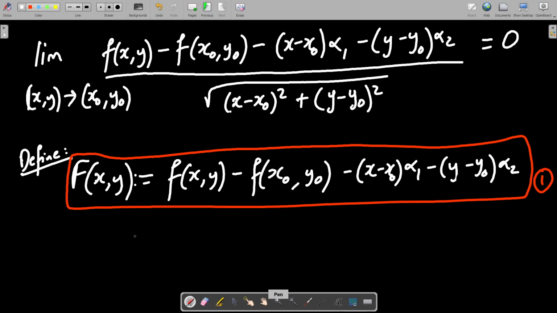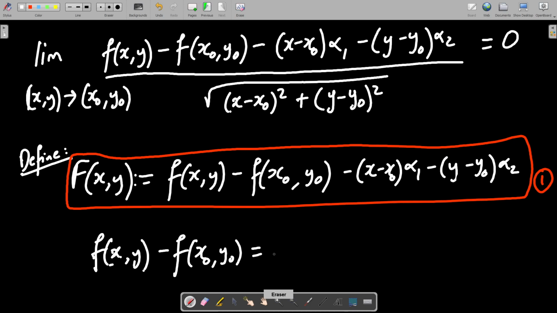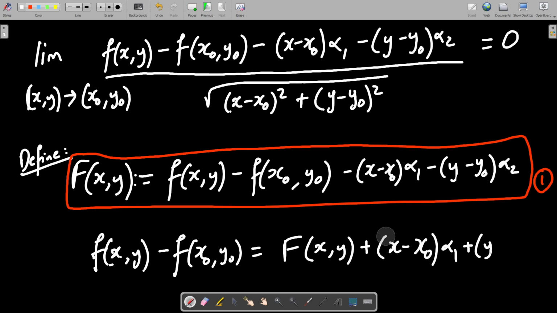I'll modify this equation a little bit and write it like this: f of (x, y), since I want my final answer to be the difference of these two terms, so I'll write this term first: (x minus x naught) alpha 1 plus (y minus y naught) alpha 2.